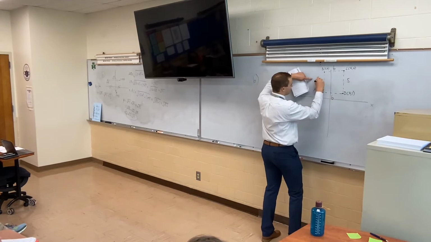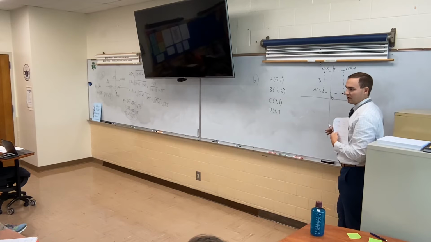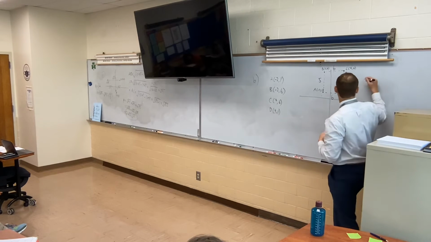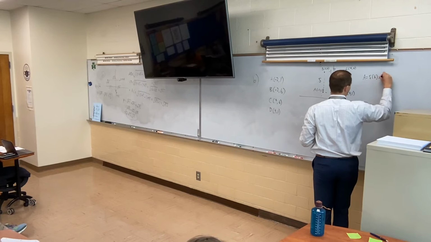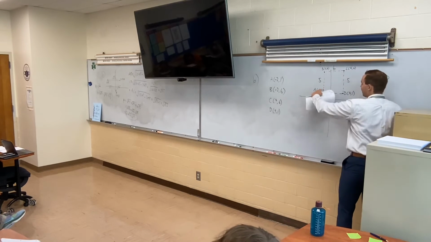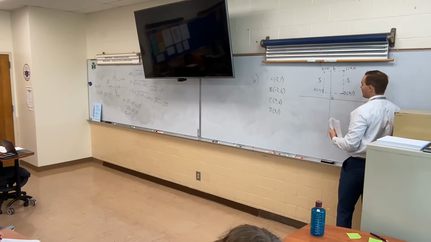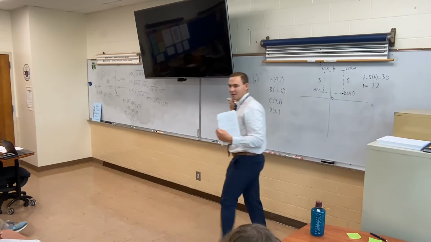And same for these. Did that confuse anyone? How I knew that? So the area is going to be 5 times 6, which is 30. Perimeter is going to be 5 plus 5 plus 6 plus 6. Okay, so 22. That one's easy.